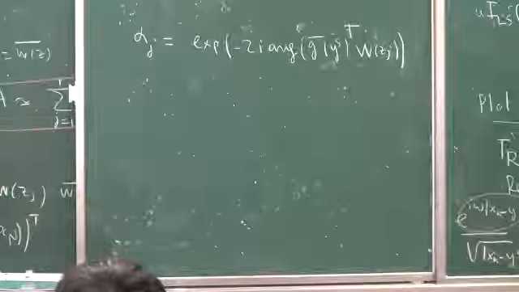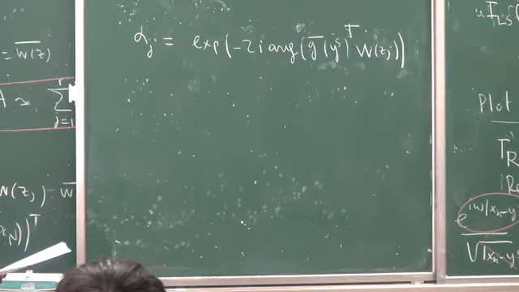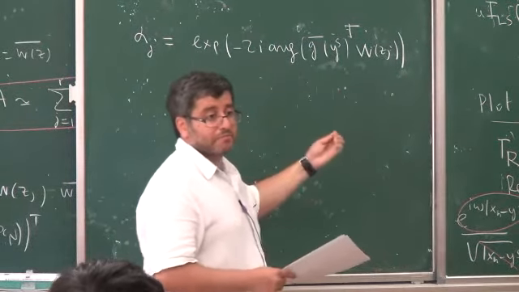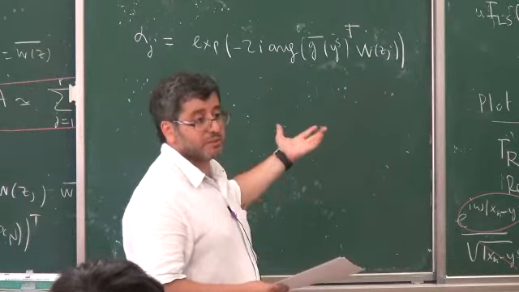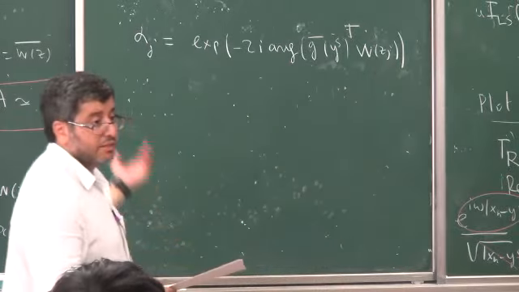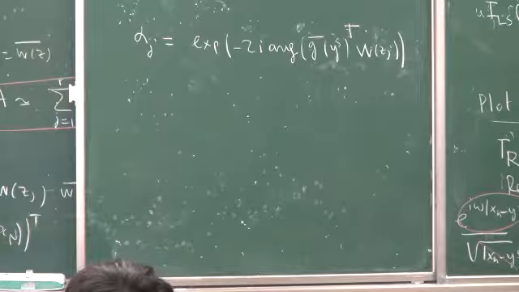So what was W? W was a vector, and W was like this. It's not a column. This was a line, right? So okay, you compute this. It's a complex number. You take this argument and you take this exponential, and this alpha G, and this would be the MUSIC algorithm. So written like this, it doesn't mean anything.